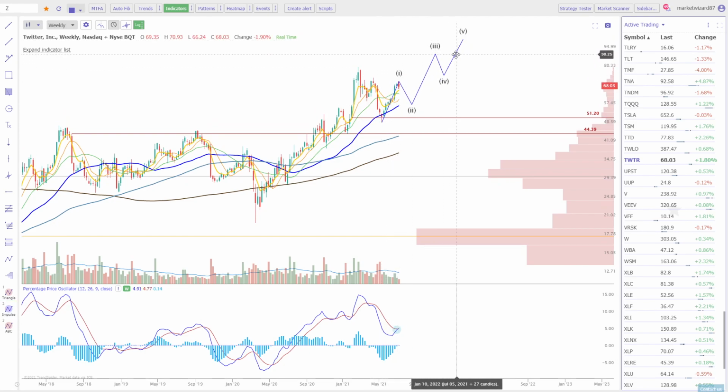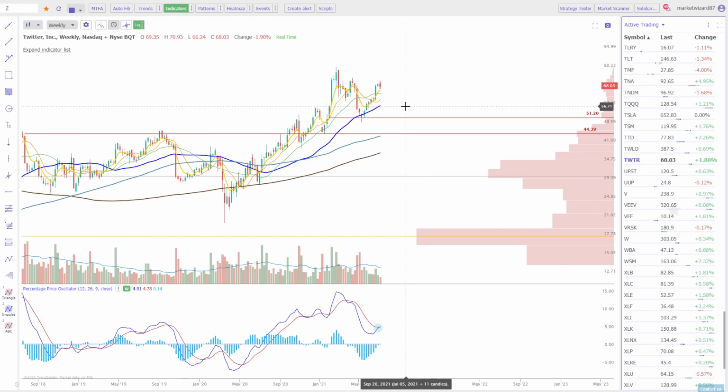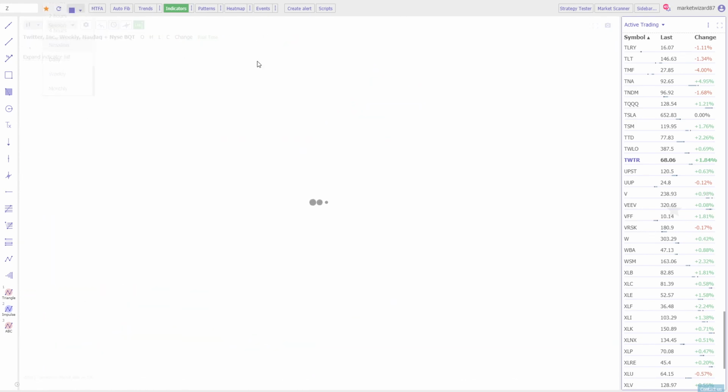You get something like that. In worst case scenario, which is really back here, you get something like that, right? Which is an ABC up, a 3-wave move up. 1, 2, 3, 4, 5, and then another correction lower. So, again, this is how I'm using the fib tools to identify potential supply and demand.